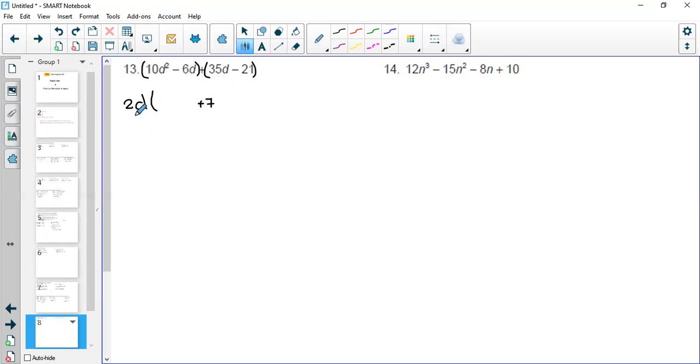So 10d squared divided by 2d is going to give me a 5d, and 6d divided by 2d is going to give me a negative 3 because there's a negative sign. Similarly, 35d divided by 7 is going to give me a 5d again. Negative 21 divided by 7 is going to give me a negative 3. So both of them are the similar terms, which means I could write my factorization as 2d plus 7 and 5d minus 3.